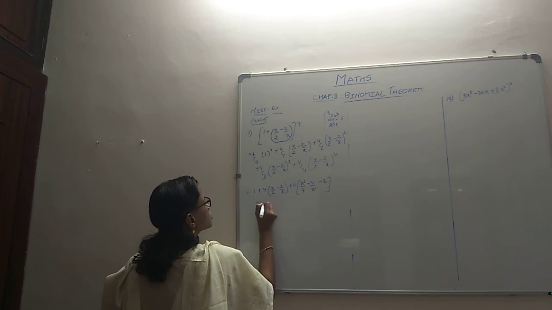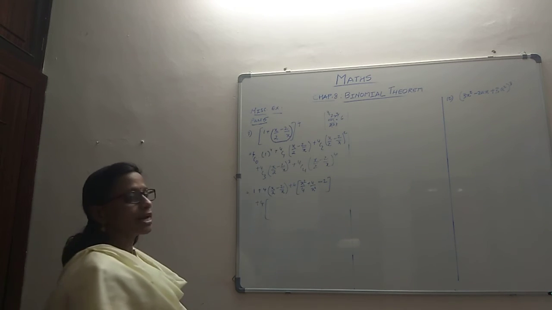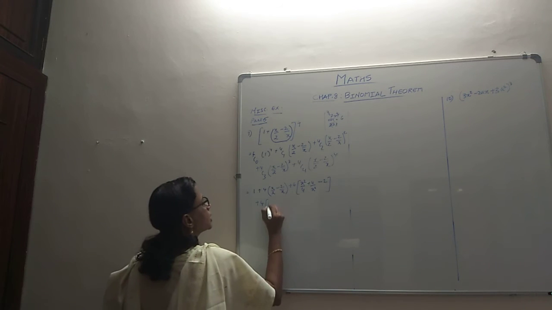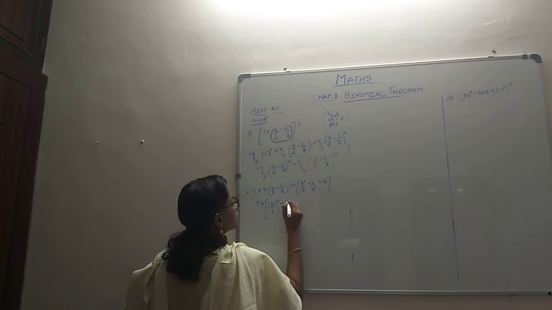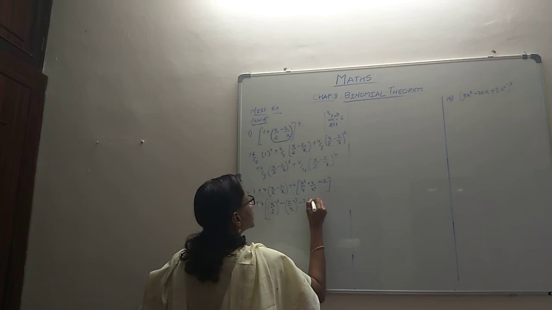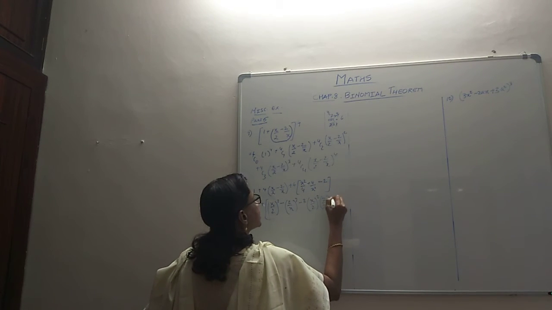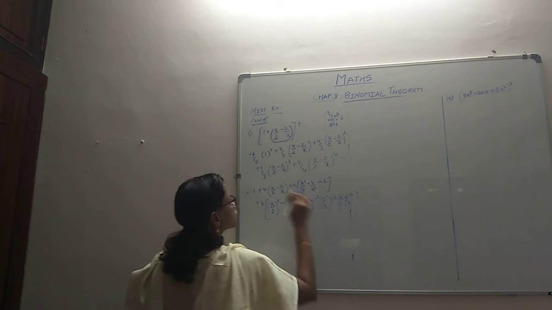And 4c3 we know is 4, and let's see the expansion of the cube: (x/2 - 2/x) whole cube, we'll expand it by cubes. (x/2) raised to 3 minus (2/x) raised to 3, then minus 3 (x/2) raised to 2 into 2/x, and plus 3 times x/2 and (2/x) raised to 2. That's the expansion of the cube term.